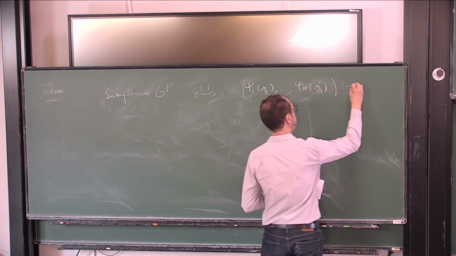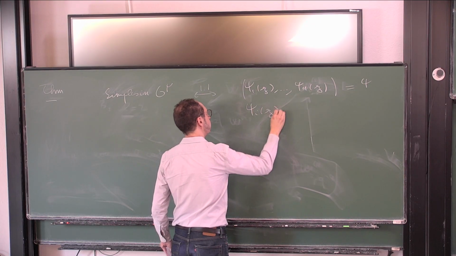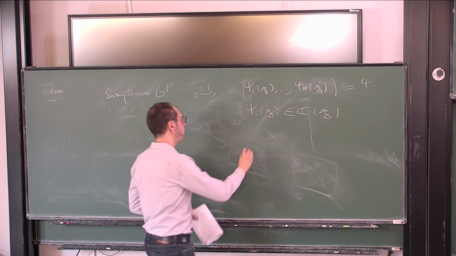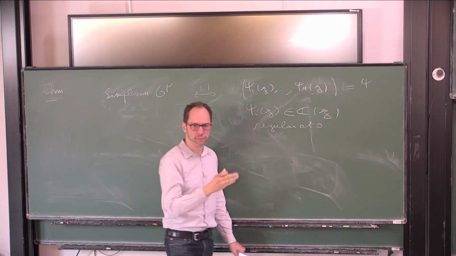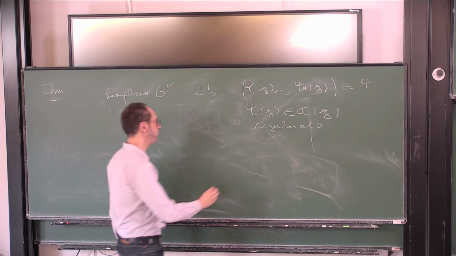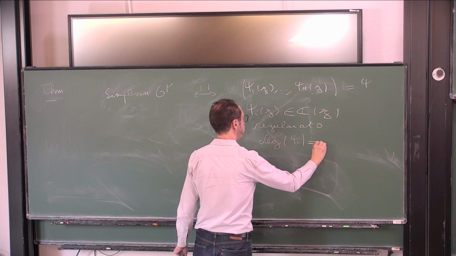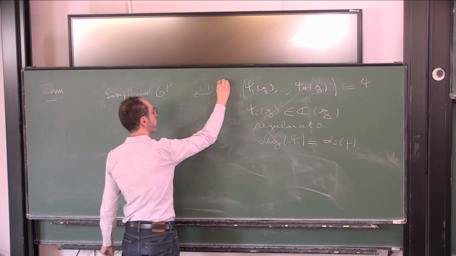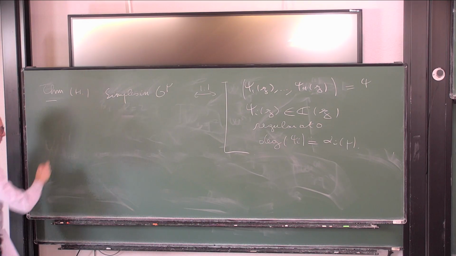Each ψ_i(z) is a rational fraction with complex coefficients. It's regular at 0, so no pole or root at 0. And then the connection with the shift is given by the degree. The degree of this rational fraction is the shift, α_i(μ). That's what I wrote in the same paper.